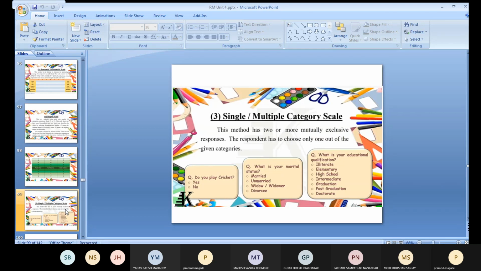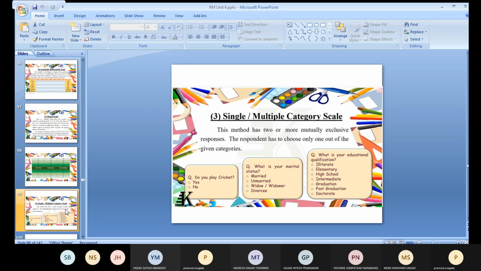If I ask any question, the answer should be in a fixed format, either yes or no. Whatever MCQs or papers we have solved in various competitive exams are also MCQ based. So that we also call a multiple category scale.